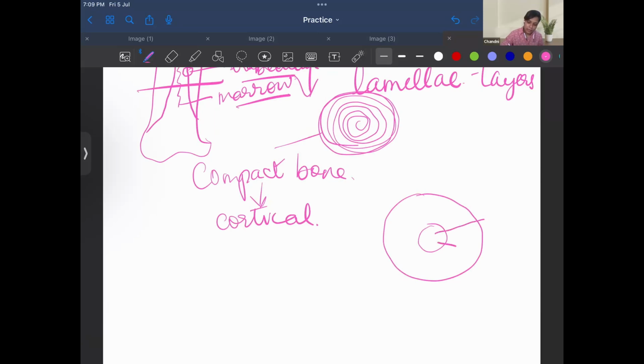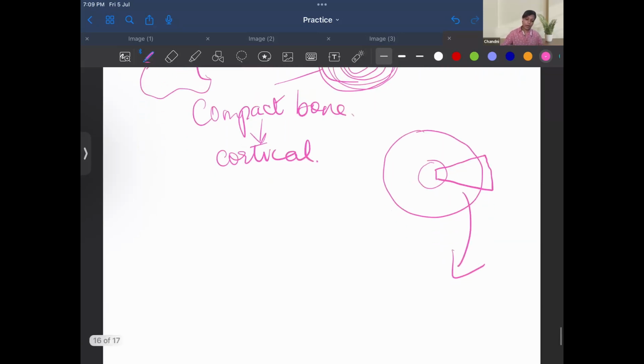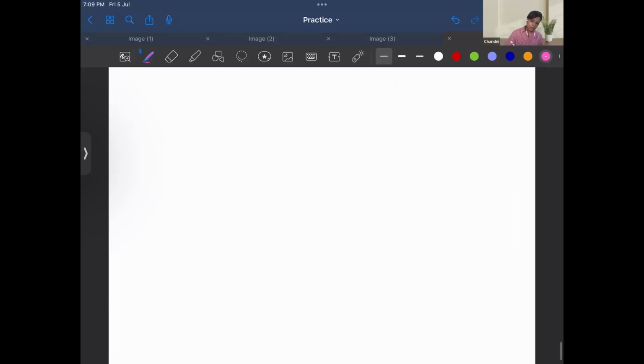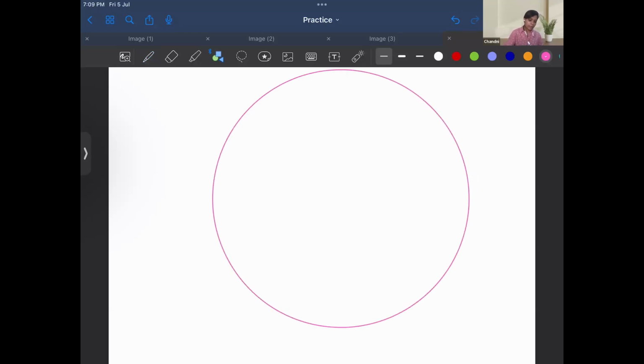Now, let's study this portion like a slice of cake. This is what I'm going to enlarge now. I'll make a circle. This is how you'll draw it in your exam also, okay? Which means inside, here you have the marrow cavity, right?